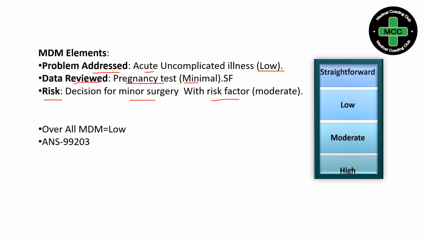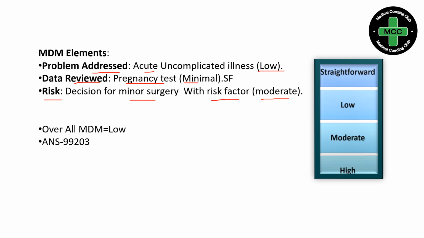Since we have a risk factor, though it is a minor surgery, we will get risk as moderate. In case of decision for minor surgery without risk factor, that would have been in the low risk level. So that is the difference. You can go back and check the risk table, or whatever I have added in the earlier slide, that only you can check.